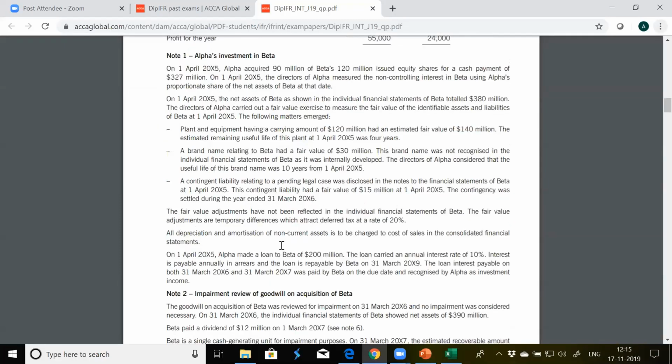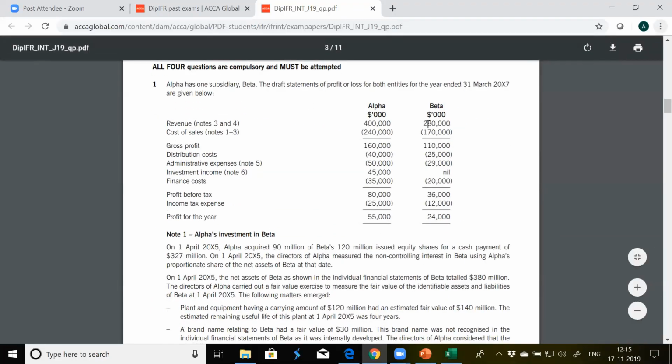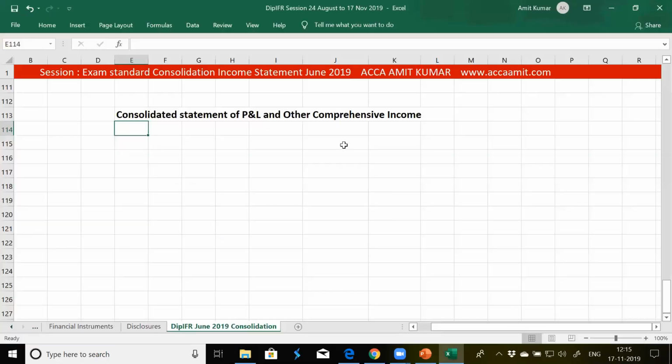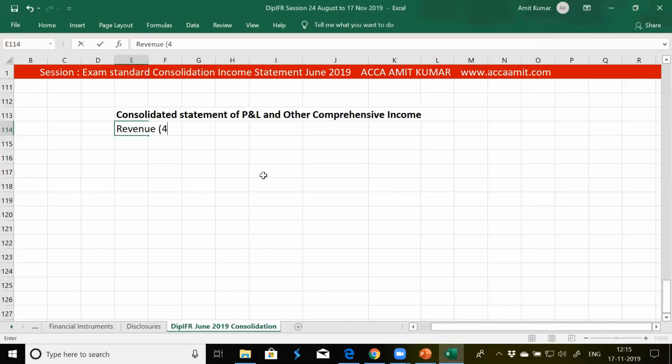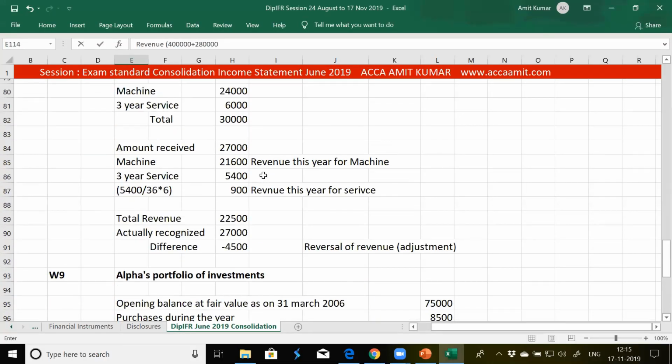So what is our job? Our job is simply to add up revenue of Alpha with Beta, and there is one adjustment to be done. Revenue Alpha plus Beta, it is 400,000 plus 280,000. If you remember, there was an adjustment to be done in revenue.